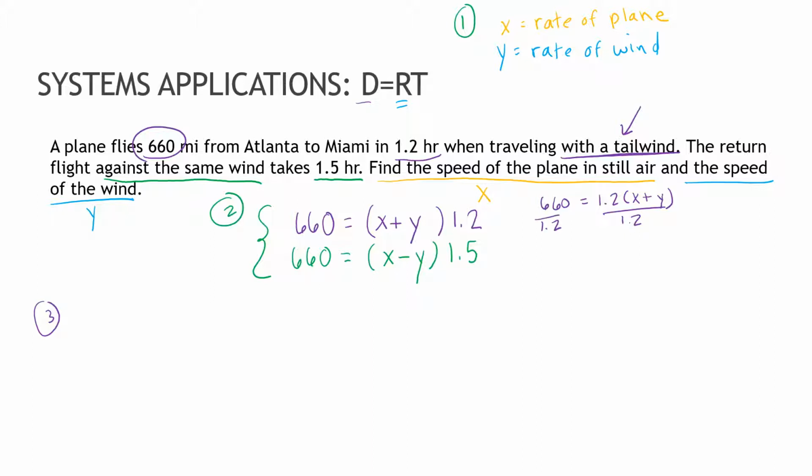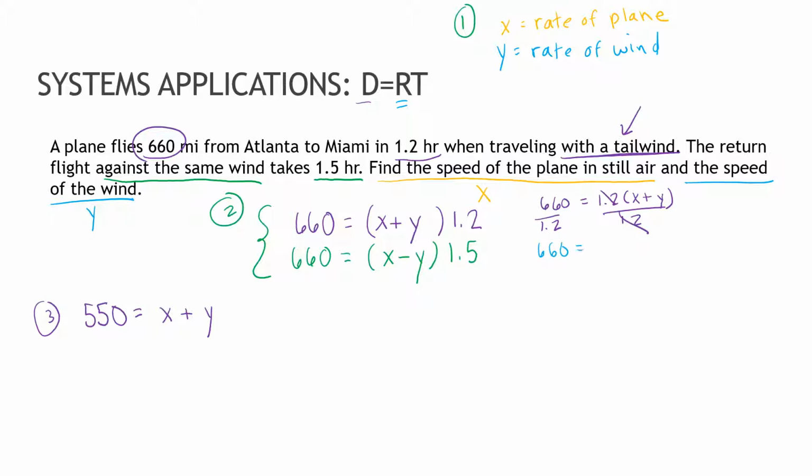So 660 divided by 1.2 actually gives me 550. And looking at what happens here, on this side I'm just going to get x plus y. And you might think, well, why would I do that? Why not just distribute? Well, let's take a look at what happens when I do that same step for my next equation.